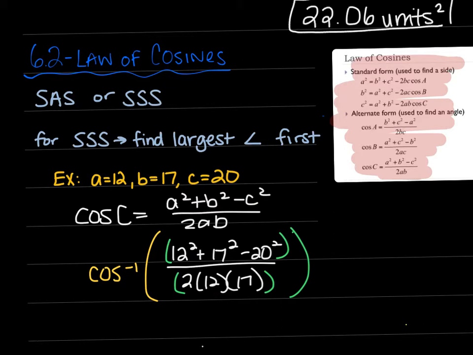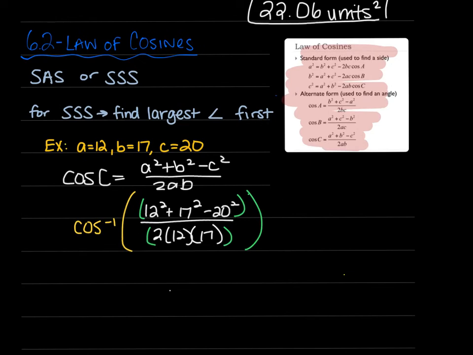So I would do second cosine, open my parentheses, 12 squared plus 17 squared minus 20 squared, close the parentheses, divided by, open the parentheses, 2 times 12 times 17, and then close those parentheses again. And I get that angle C, which is the first one we're finding, would be 85.36 degrees.